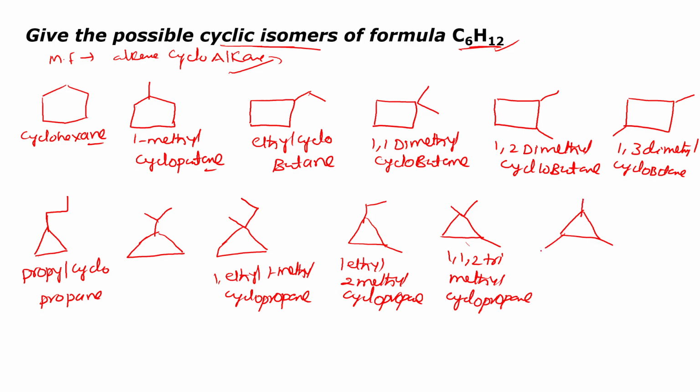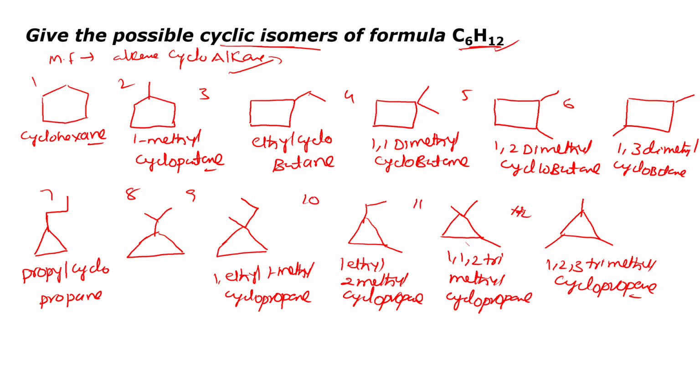So all these are the possible cyclic isomers of C6H12. How many are there? Let us count: 1 2 3 4 5 6, and then 7 8 9 10 11 12.